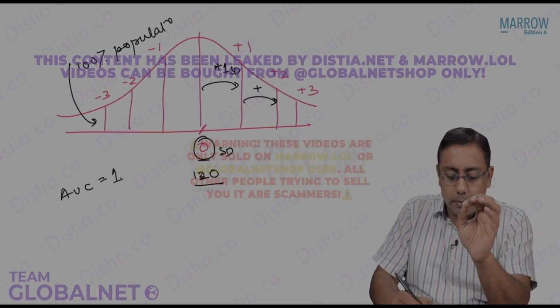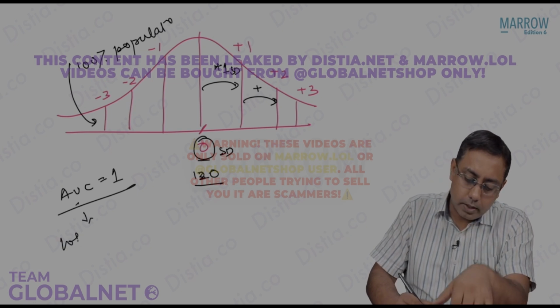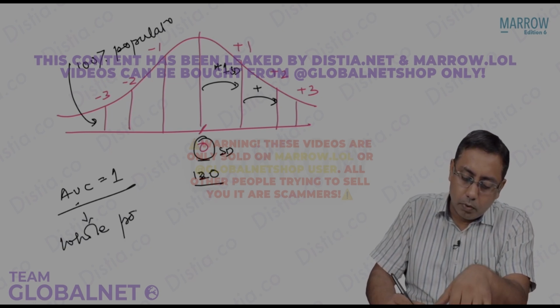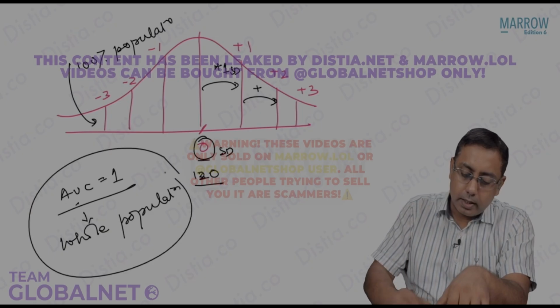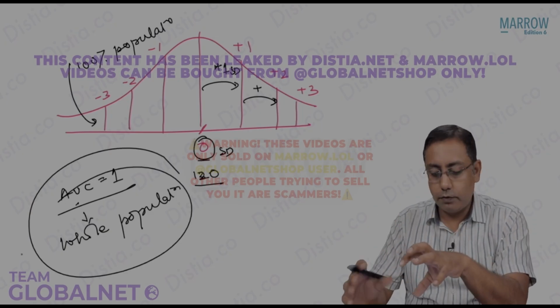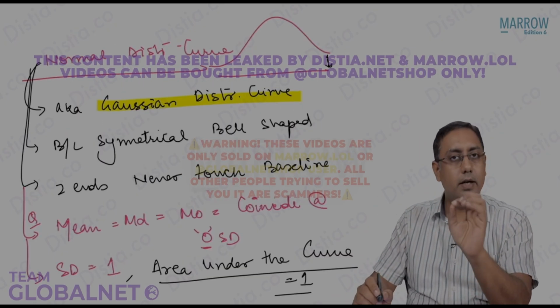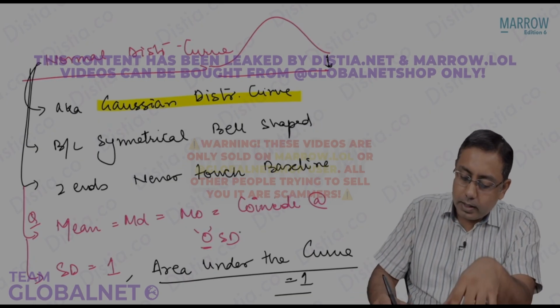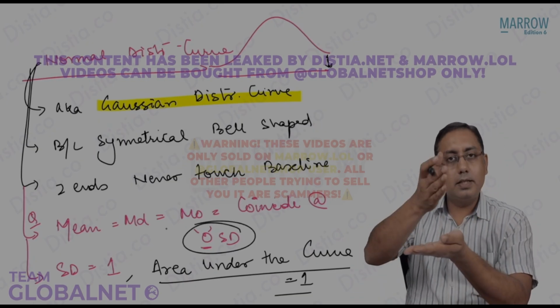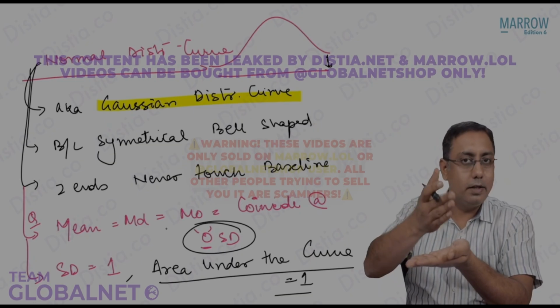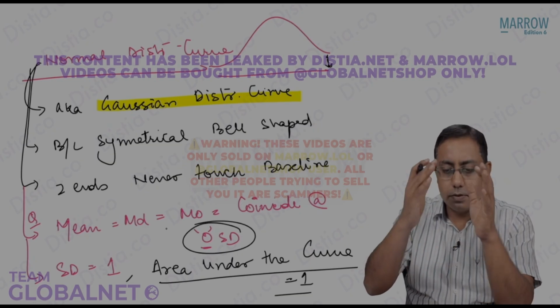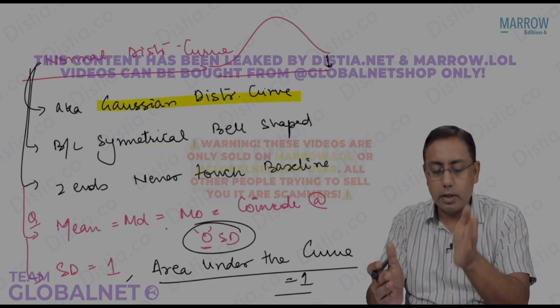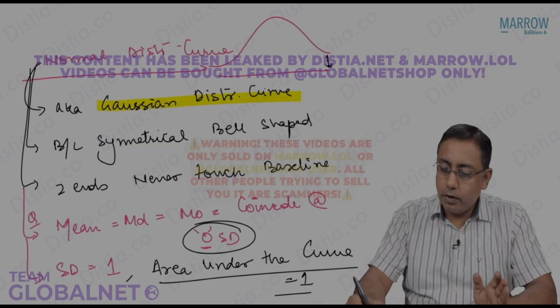It means the whole population is taken. Just remember this, the total population is accounted for. That is what area under curve 1 means. Why do we say that the mean equals 0? Because the mean is at 0 standard deviation. Did you get this? This is very important for us to understand what a normal distribution curve is.